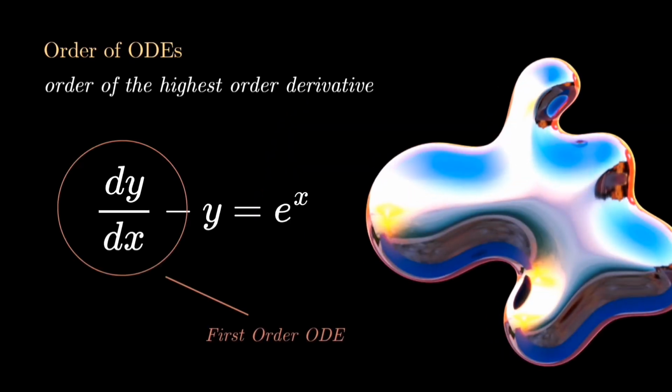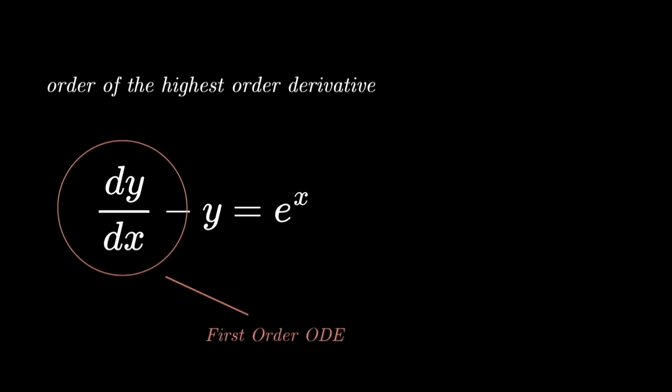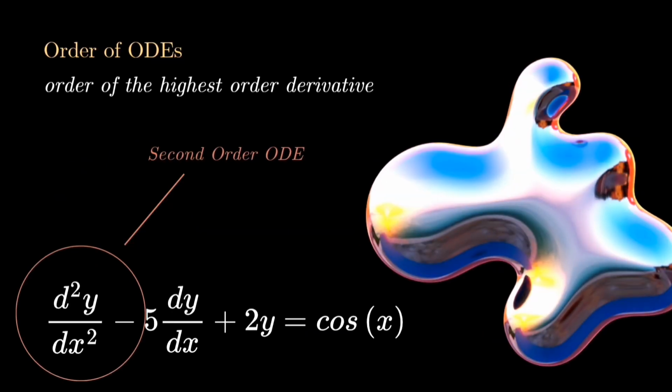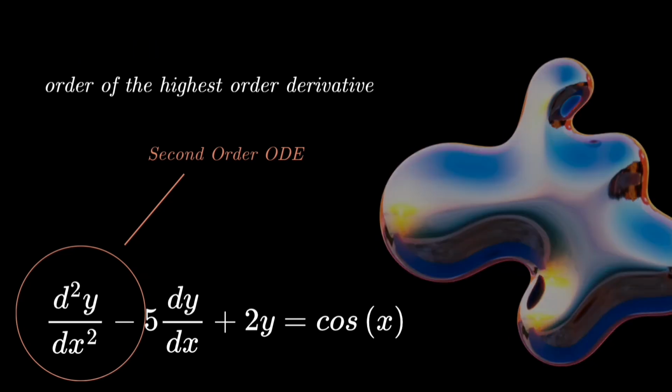For our first example, we can see here dy over dx minus y equals e to the power of x, which is a first order ODE because there's only one differential present. Our second example is a second order ODE because the highest order in this equation is d2y over dx squared.